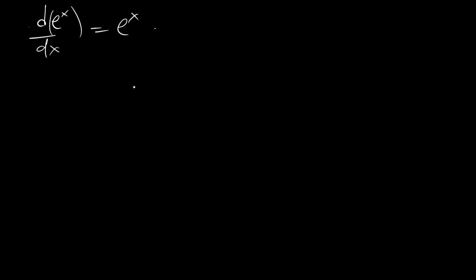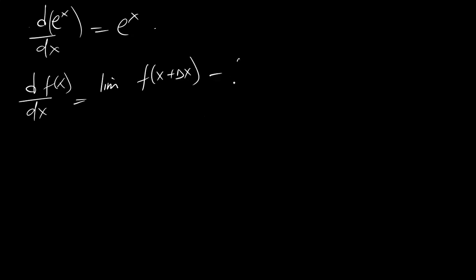If you have the derivative of f of x with respect to x, this is the same thing as the limit of f of x plus delta x minus f of x divided by delta x, when delta x tends towards 0.